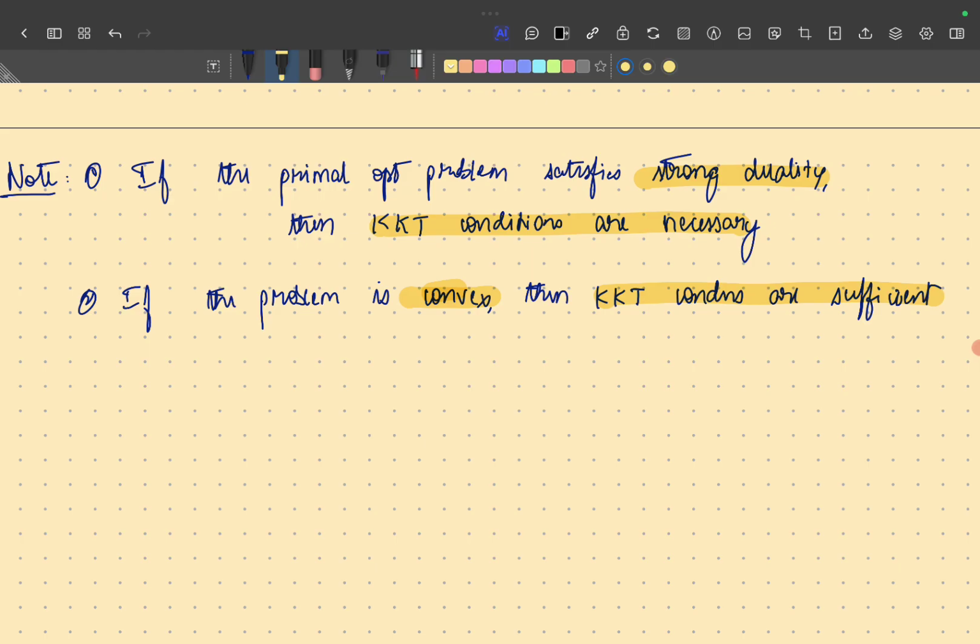All right. So if you are given a convex optimization problem that satisfies strong duality, and you get a point that satisfies the KKT conditions, then you know that that is the solution. You don't need to look any further. Okay. But on the other hand, if you are given an optimization problem which is perhaps non-convex, and you get a point that satisfies the KKT conditions, it's not guaranteed that that is going to be the actual constrained minimum. But if you have a constrained minimum, it should satisfy the KKT conditions. Okay, hopefully that's clear.